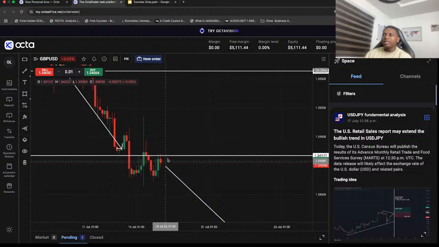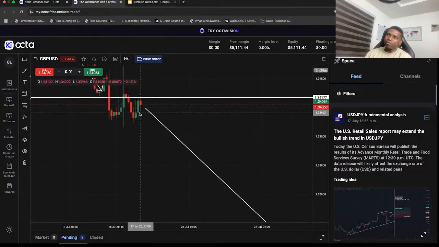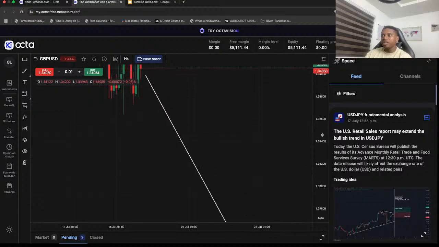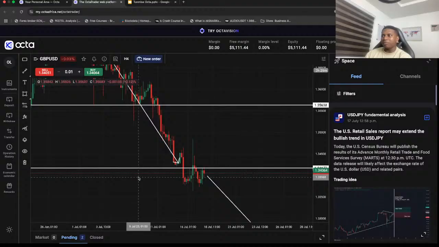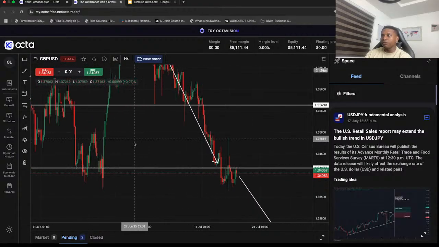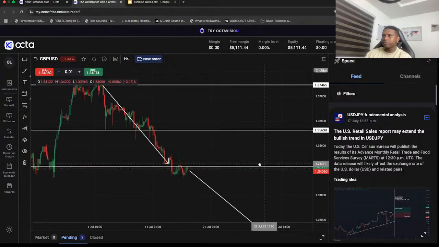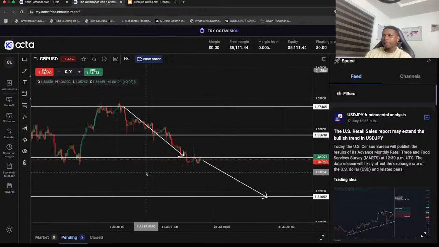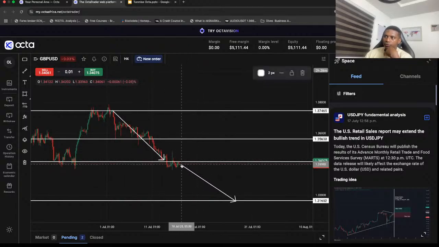So there's a higher chance that price would continue falling from this level.